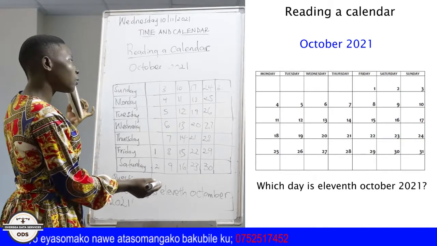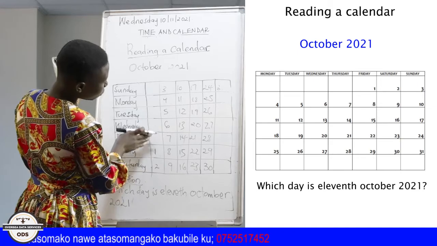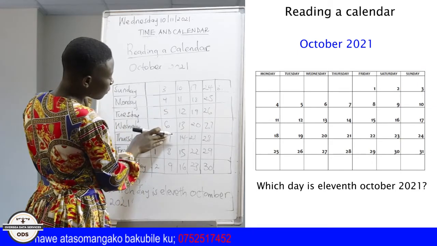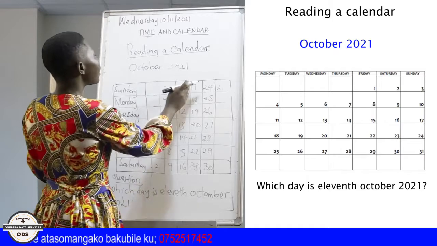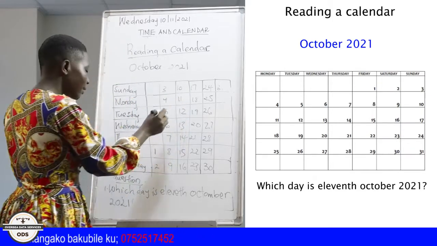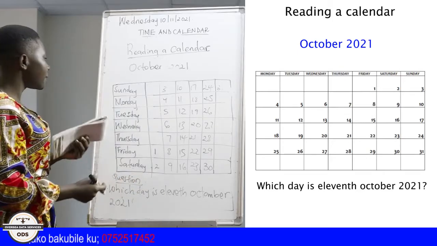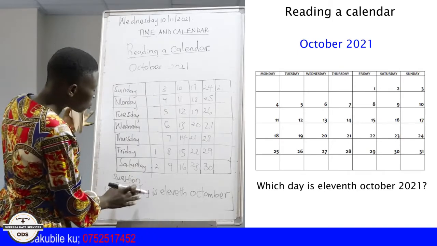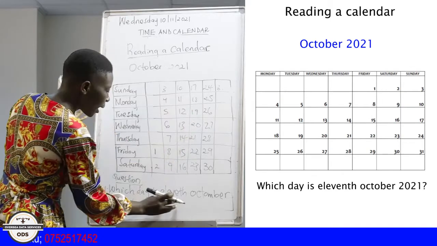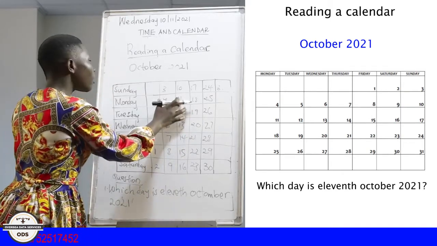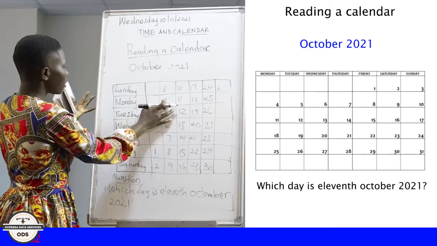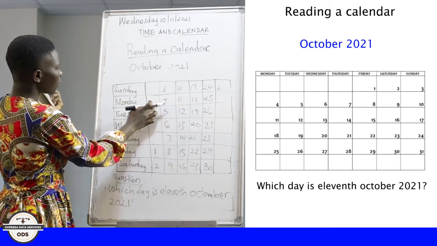Of course, you look for the 11th. You count first, second, third, fourth, fifth, sixth, seventh, 8th, 9th, 10th, and we have 11th here. But they are asking us for the day. We have here our 11th. Follow that column and you will get the day. Let us follow here like this.